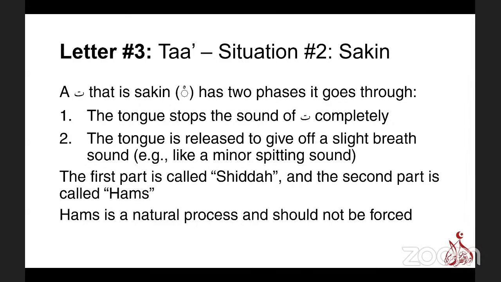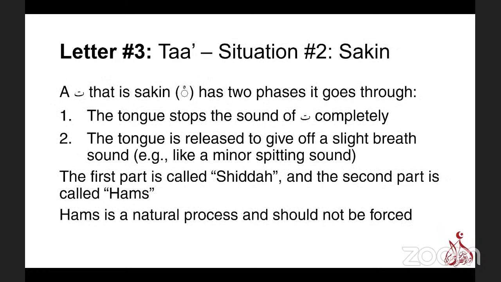You don't say bat with a release. So in other languages, when you do a ta that's sakin, there is no hams. And that's okay. The qurra of Tajweed write in their books that other languages don't have that. But the Arabs would do this. They would do hams in the ta, a slight little sound that comes there. So that is whenever you have a ta that's sakin.